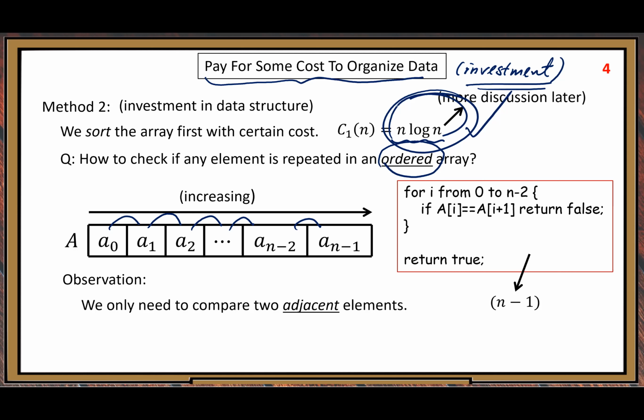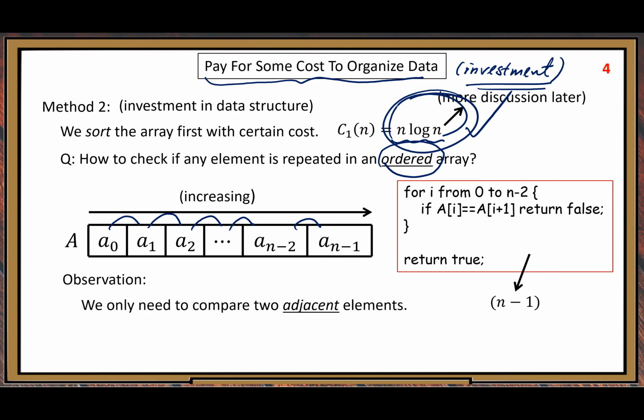But here, before we finish the discussion of this question, I want to stretch a little more. If we use an advanced data structure, we can do better than this method number 2.